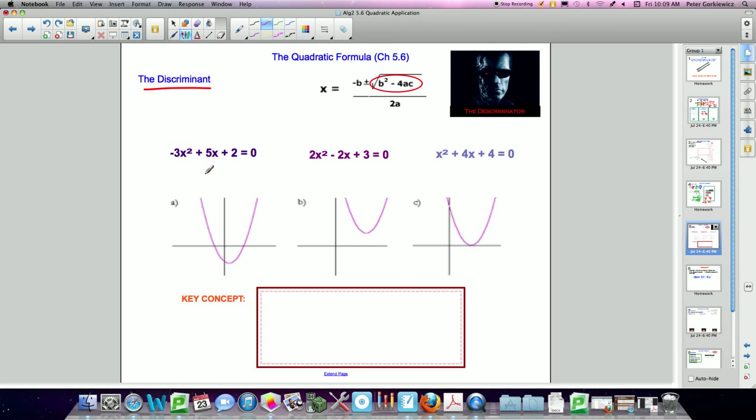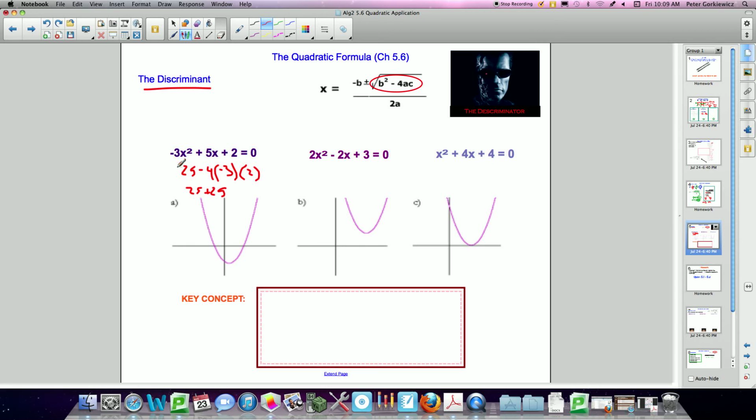So in this case, if you look at b squared minus 4ac, b squared is 25, minus 4 times negative 3 times 2. So this ends up being 25 plus 24 under the square root.